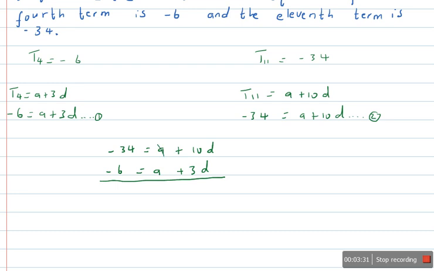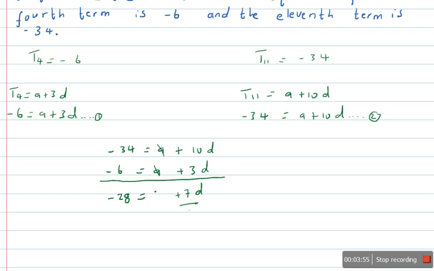If I say A minus A I get zero. If I say 10D minus 3D I get plus 7D. Then minus 34 minus negative 6 I get minus 28, right?